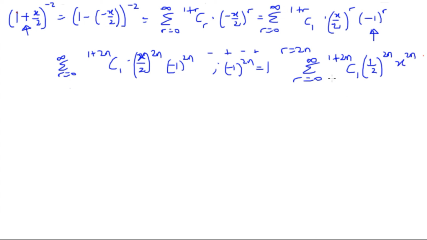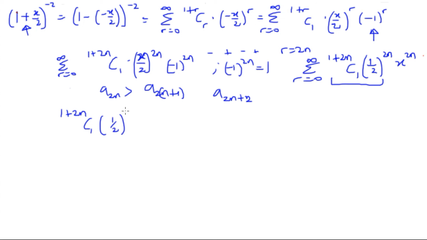Now notice that this is my coefficient, and it would mean that a2n should be greater than a2n plus 1, in brackets, and of course it's the same thing as a2n plus 2. So I will have something of this nature: 1 plus 2n combination 1 over 2 to the power 2n should be greater than a2n plus 1. So anywhere I see n, I change it to 2n plus 1.